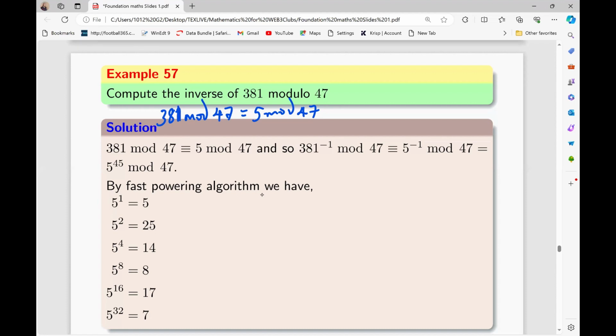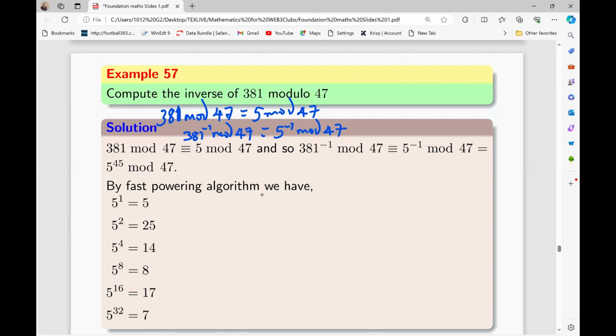It's the same thing; the remainder is the same. So that means if I'm given the inverse of 381 mod 47, this is the same as the inverse of 5 mod 47.